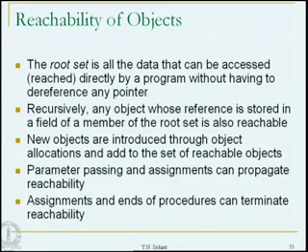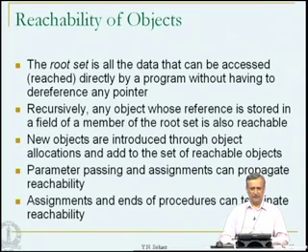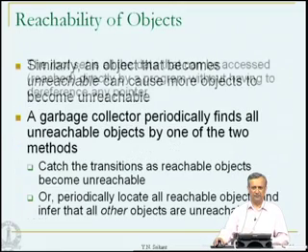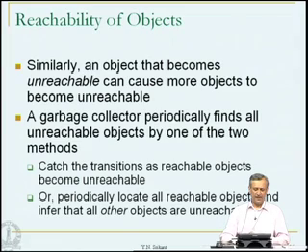So, this assignment has ended the reachability of objects which were reached by A. Similarly, when I return from a procedure all the local variables are lost. So, the reachability of objects from those local variables is also reduced or affected. Similarly, an object that becomes unreachable can cause more objects to become unreachable. I will show you a picture to demonstrate this.